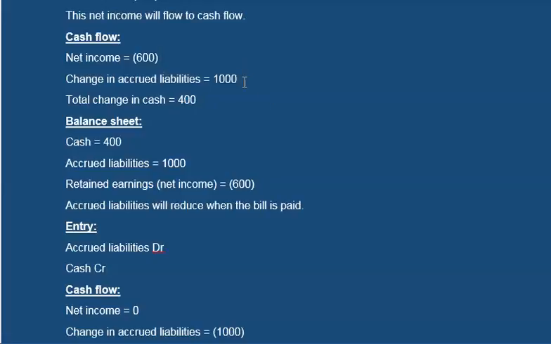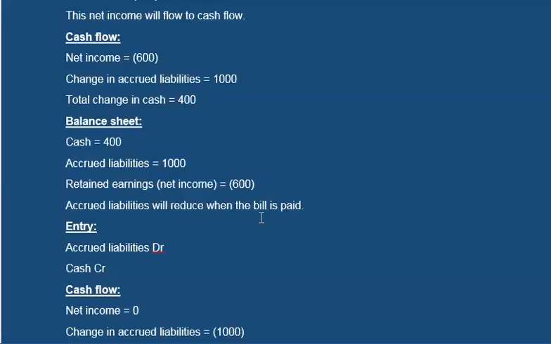Change in accrued liabilities equals 1000. Total change in cash equals 400. Balance sheet. Cash equals 400. Accrued liabilities is 1000. Retained earnings, net income equals negative 600.